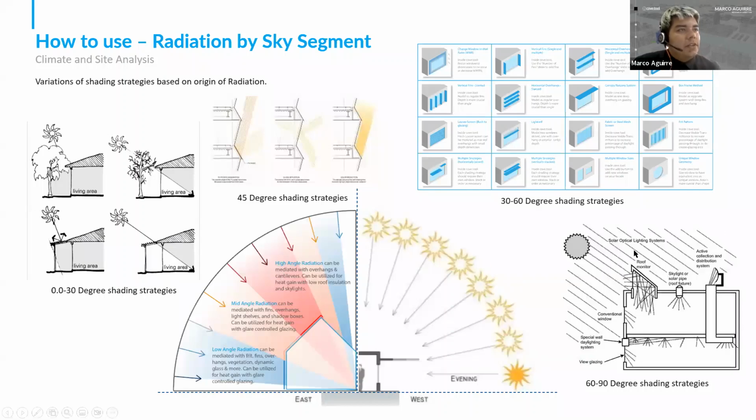Here's some diagrams over here. The clerestories, solar pipes, solar tubes, things like that. So this can be really helpful for informing early stage analysis to figure out how we can get daylight penetration depending on where beneficial versus non-beneficial sun's coming from.